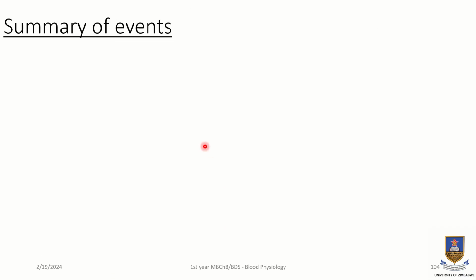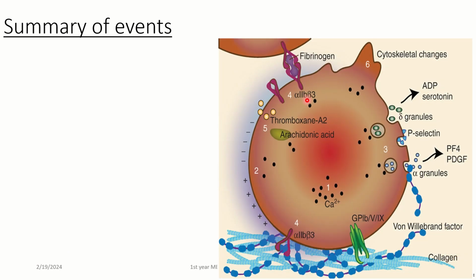Now, how then does this platelet plug form? We see that the platelet plug forms when there is fibrinogen between two of these platelets, right? So fibrinogen will be meshed between two of these platelets.